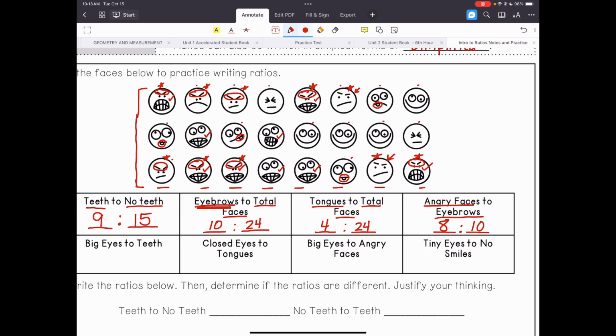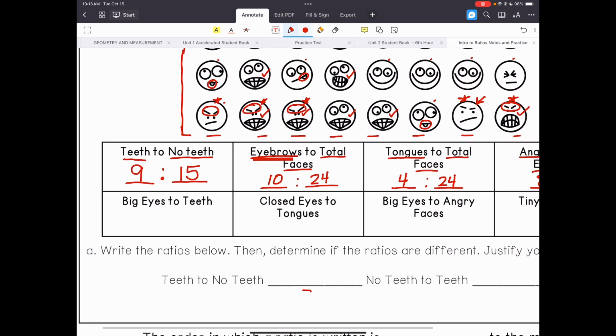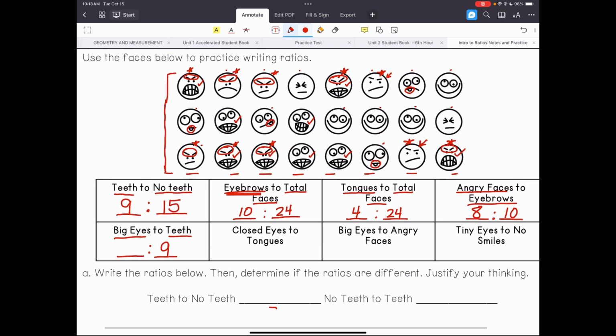All right, the big eyes to teeth. Oh, I have done teeth. So teeth is already there. Teeth is 9, right? So there's my one up there. But the big eyes, I have not done that yet. And you can see the difference between these tiny small eyes right here versus these big eyes right here.